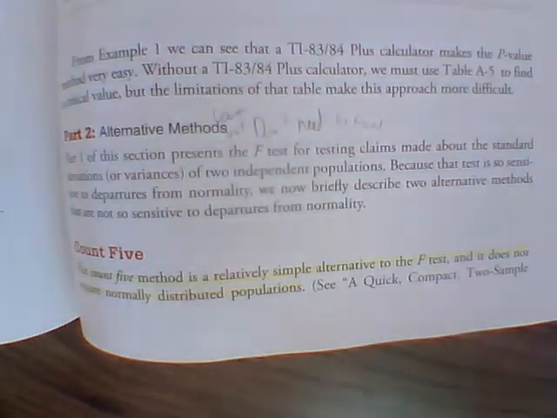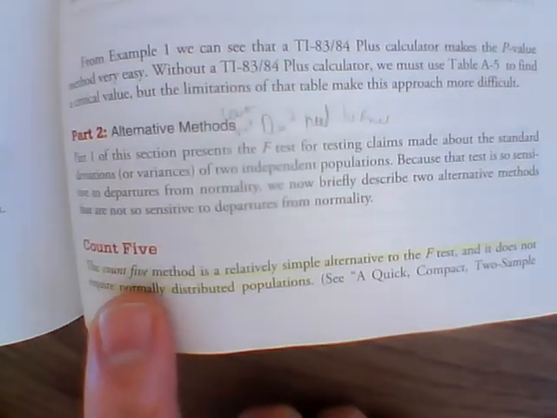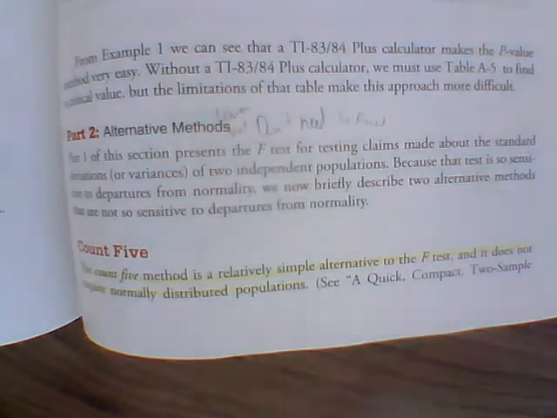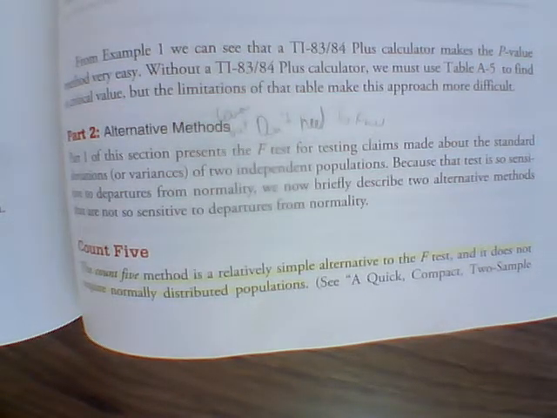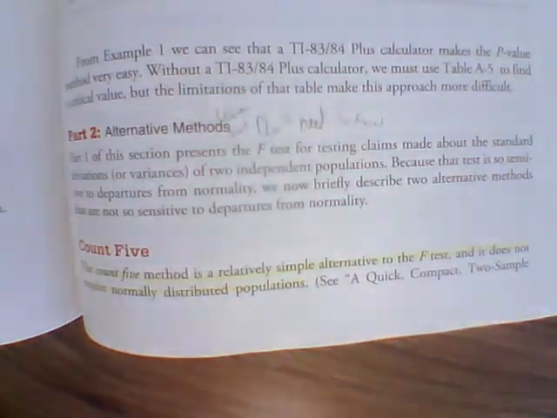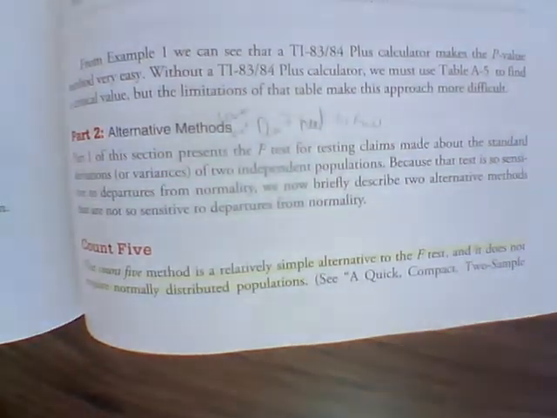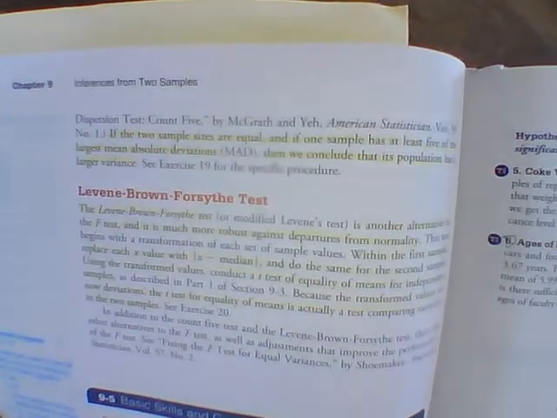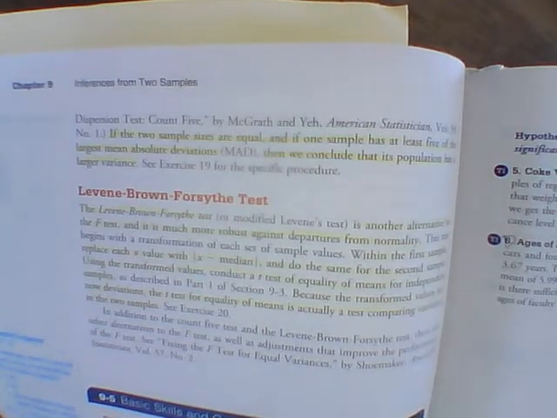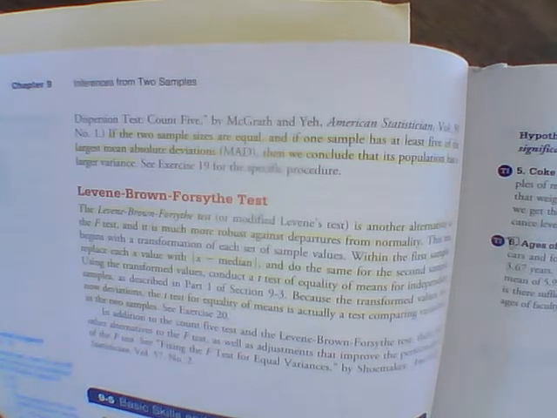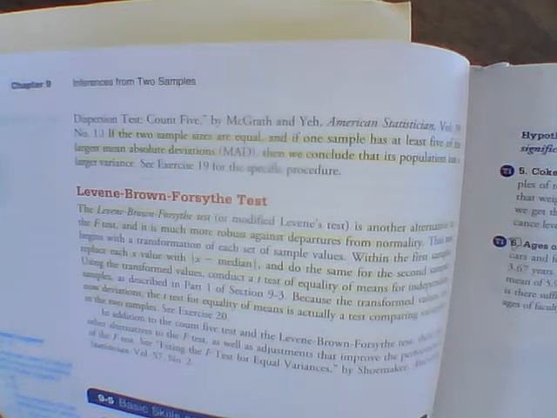So, considering what's going on here, they talk about the count 5. Okay, so the count 5 method is a relatively simple alternative to the F-test, and it does not require normally distributed populations. So if we didn't have normal distribution but we still want to do something, that's where this count 5 method comes in. If the two sample sizes are equal, and if one sample has at least 5 of the largest mean absolute deviations, then we conclude that its population has a larger variance.